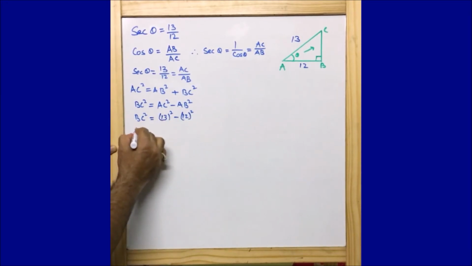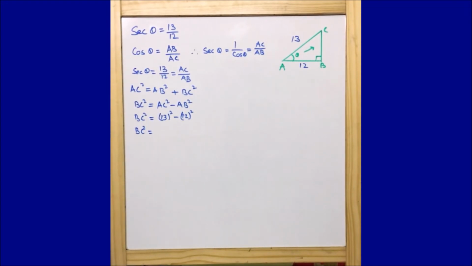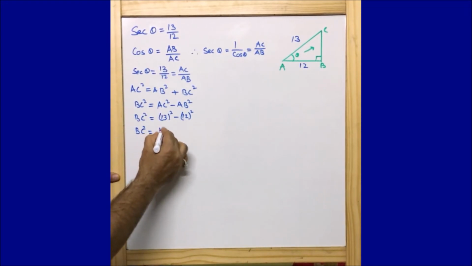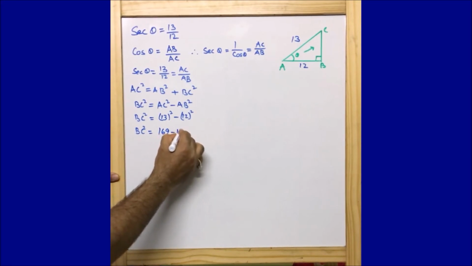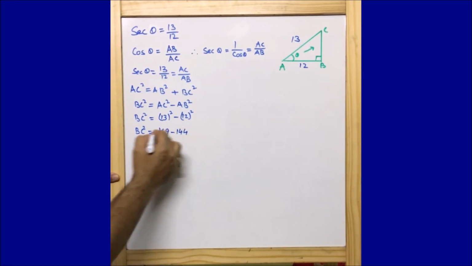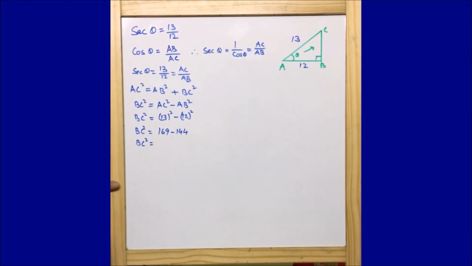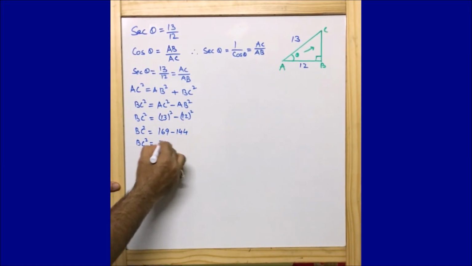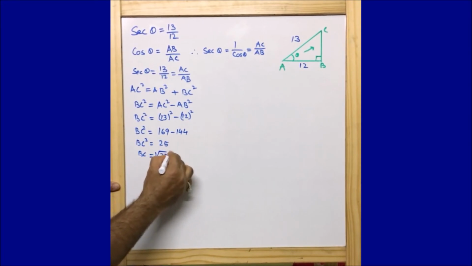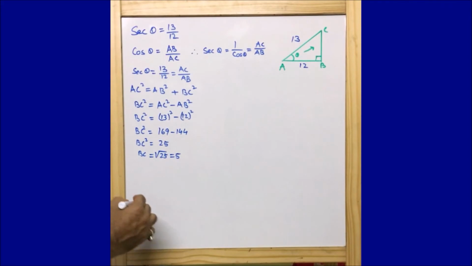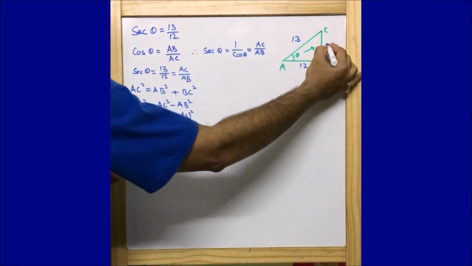So BC square is equal to 169 minus 144, that is 25, or BC is equal to root of 25, that is 5. So we are able to find out the value of BC as 5.